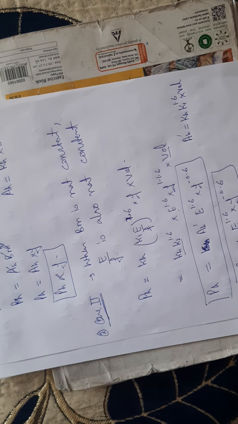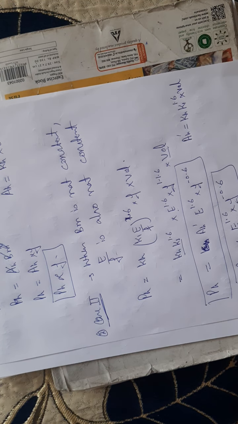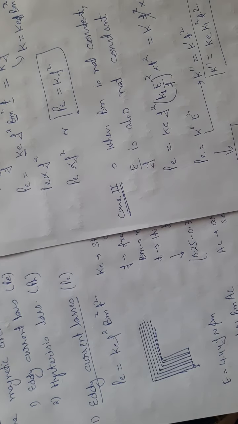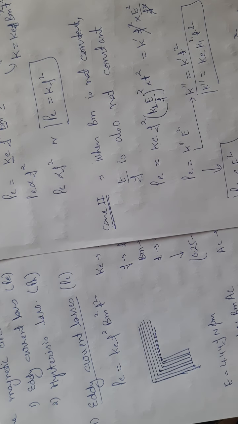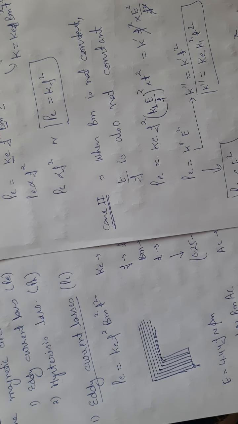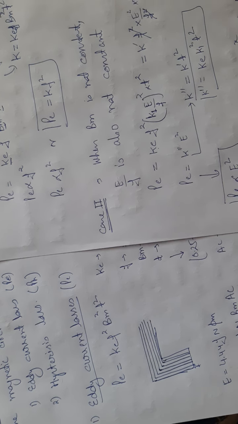So you got the 4 cases. First 2 cases are for eddy current losses. When we have a constant magnetic flux density, eddy current losses are directly proportional to frequency squared, and in case the maximum flux density is not constant, the eddy current loss is directly proportional to the square of the induced voltage.